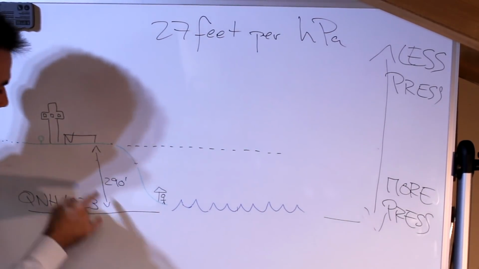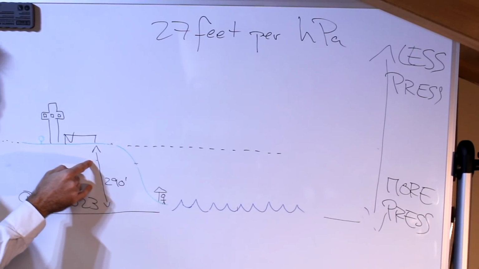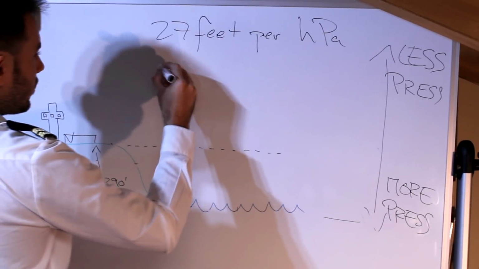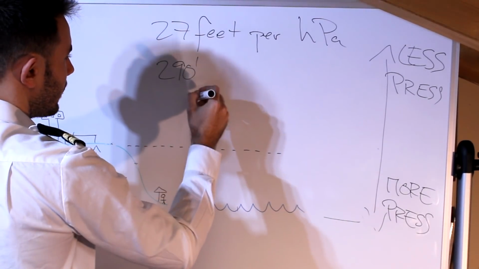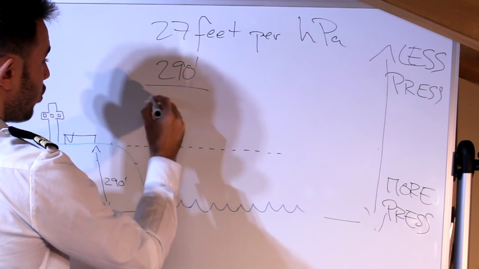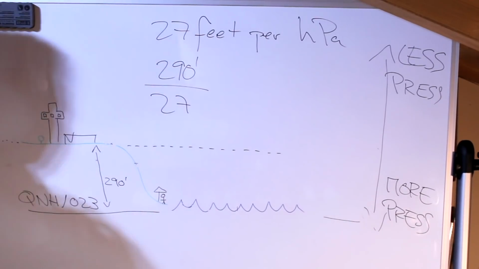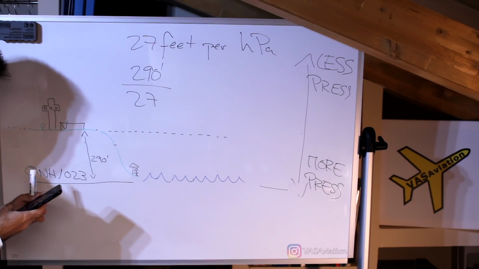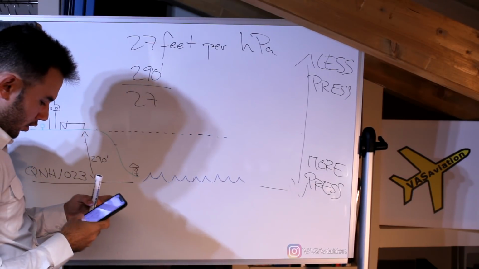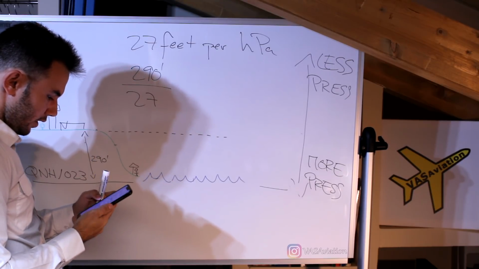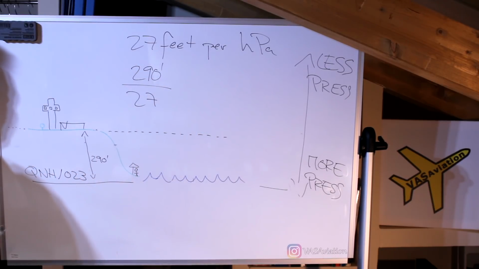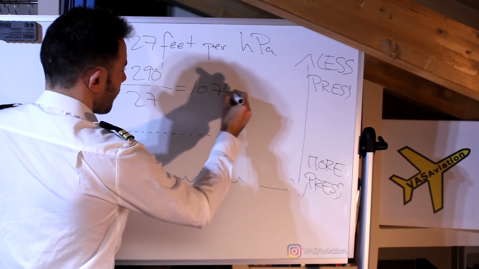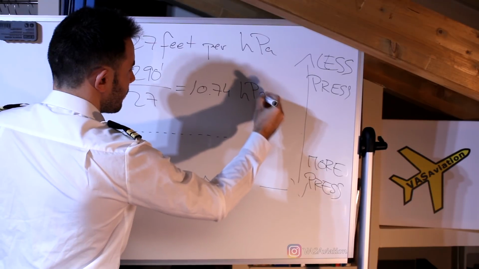So we need to know this distance, but not in feet, in hectopascals. So 290 feet divided by 27, we're going to use the 27 value, is 10.74 hectopascals.